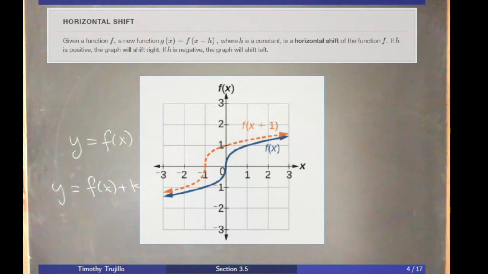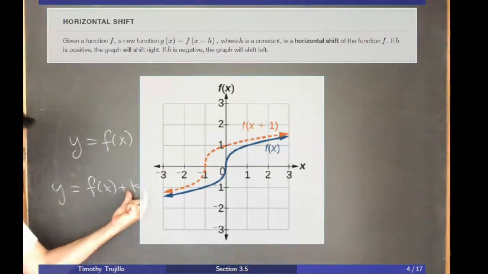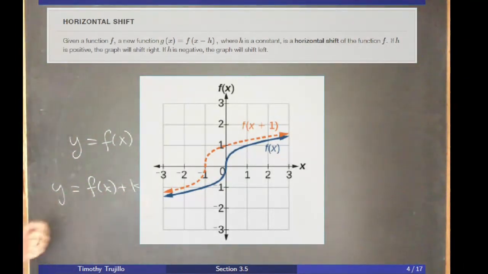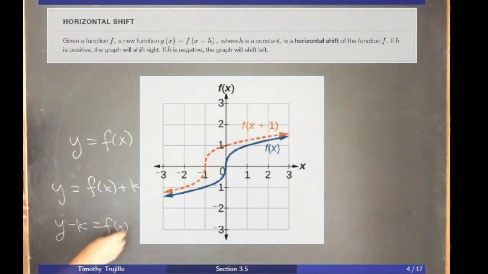Okay? And if I really wanted to move this k next to the y, I'd have to subtract, right? And so I see this is like y minus k is equal to f of x. So really, in the equation, if I wanted to put the k next to the y, I have to subtract the k. And then if this was negative, it would mean that we were shifting up, and if this was positive, it would mean that we were shifting down. But that's what's happening when we're next to the y.